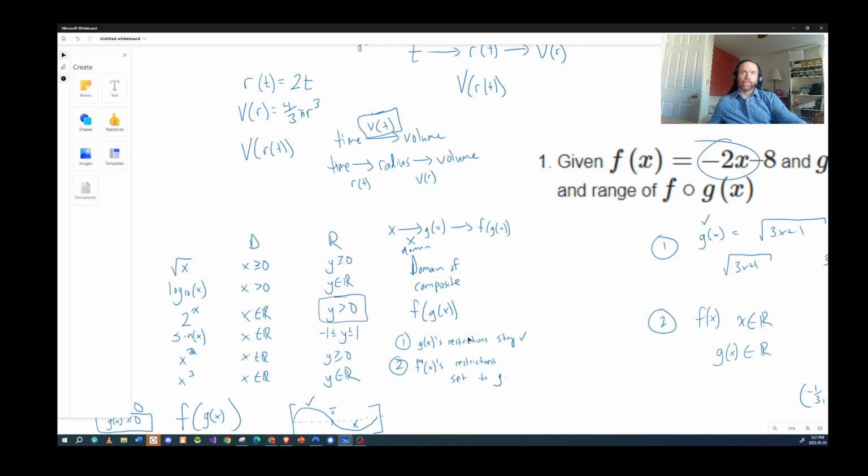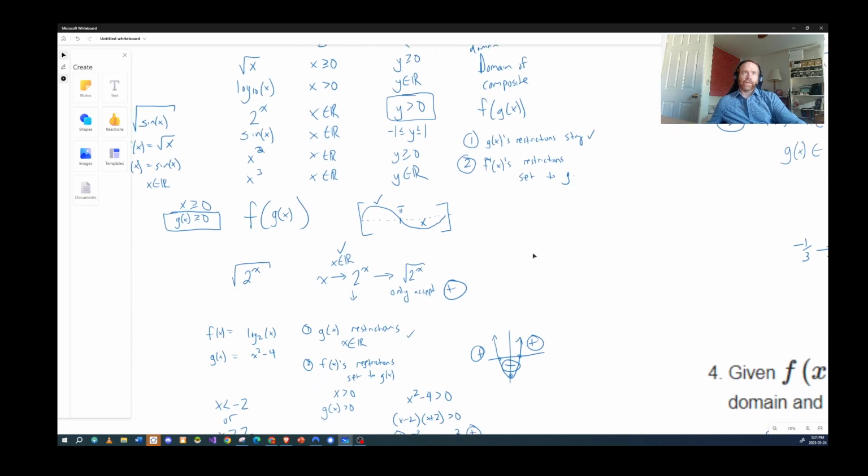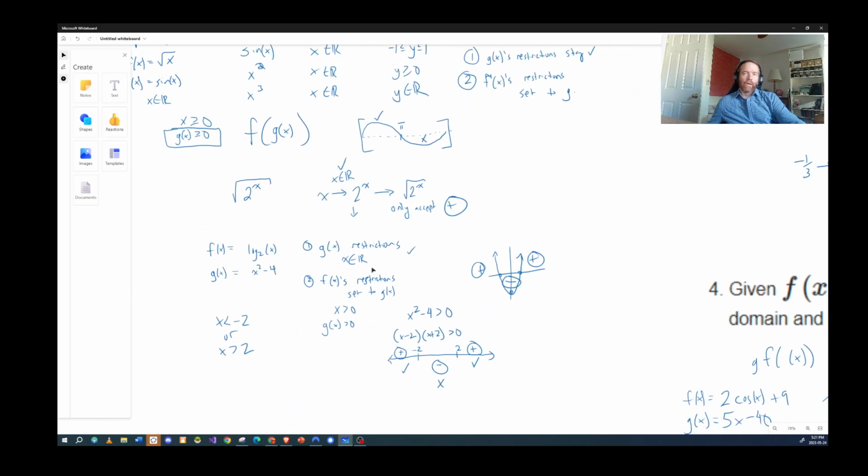Now, the second thing to understand is all about the domain. For the domain of a composite function, the restrictions on the inside have to be kept exactly. You just find them the way you normally would and restrict them, and nothing can change that. However, the restrictions on the outside are more complicated.